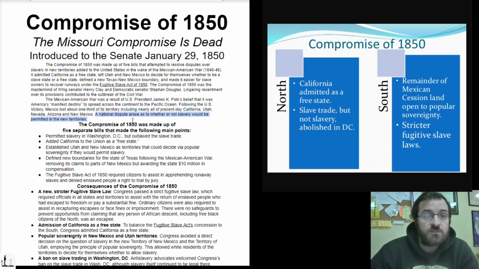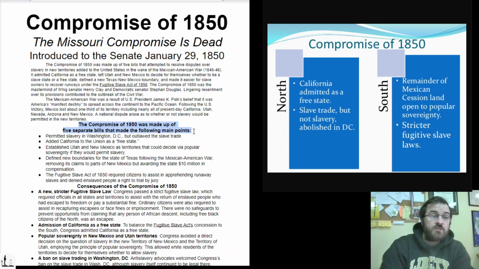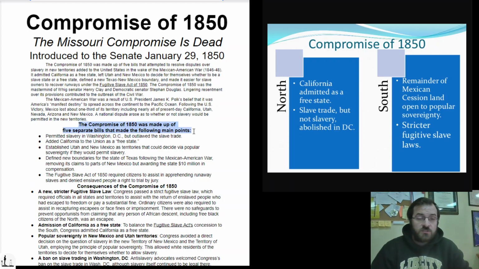A national dispute arose as to whether or not slavery was going to be permitted in these new territories. So, the Compromise of 1850 was made up of 5 separate bills that eventually became 5 different laws, but together they were all called the Compromise of 1850 because they were all passed together.